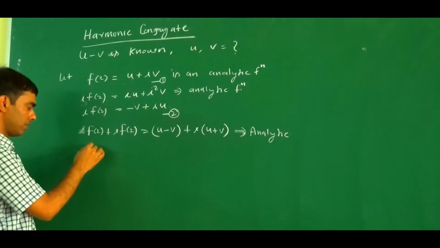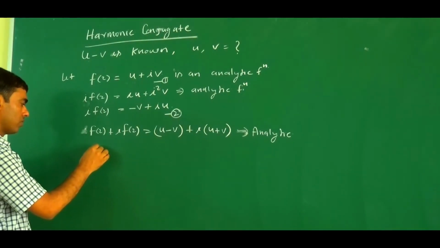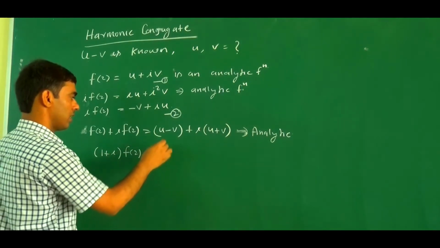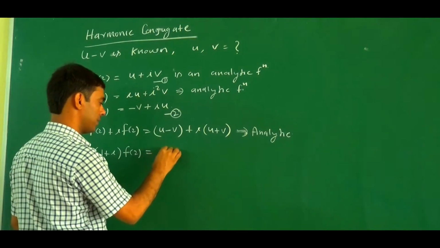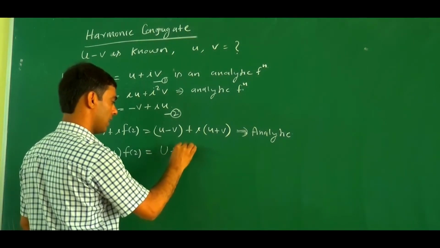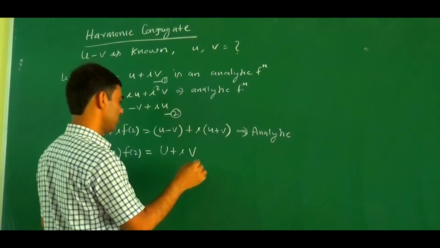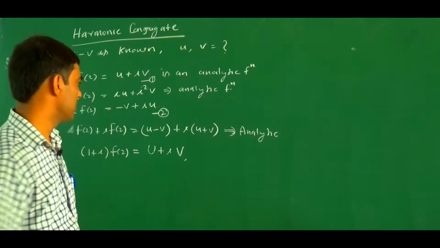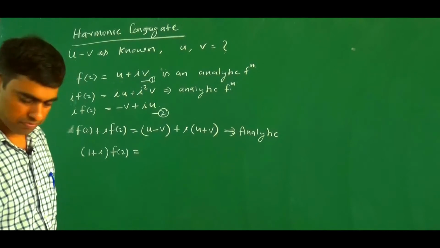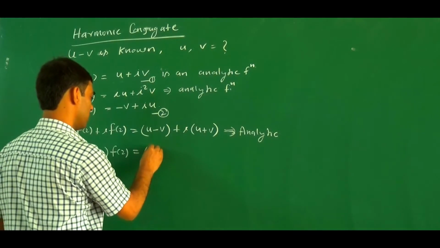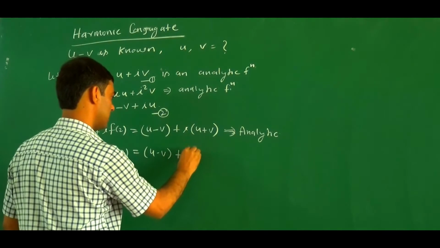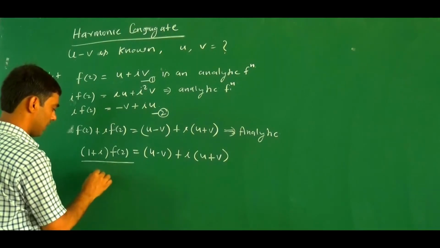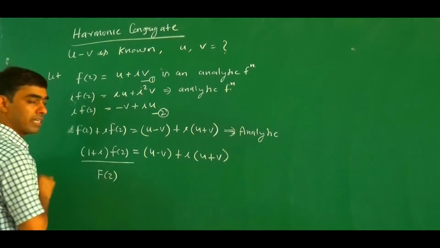If we simplify, this becomes (1 plus i) f(z), and if we write u minus v equal to capital U and u plus v equal to capital V, then u minus v plus i(u plus v) is capital F(z).